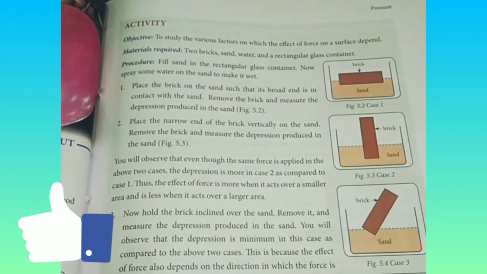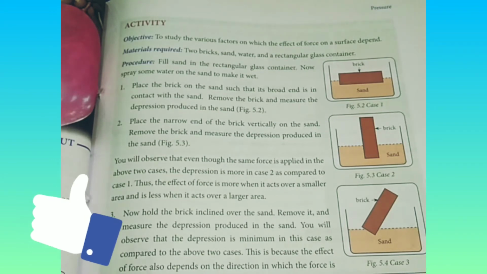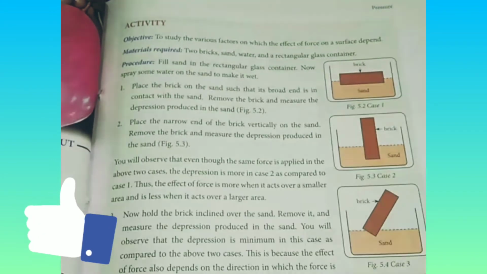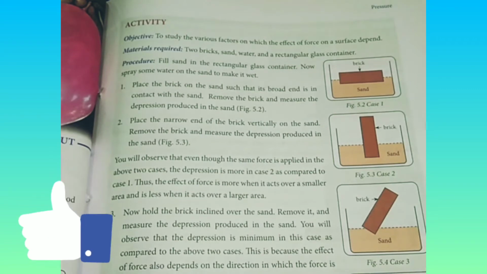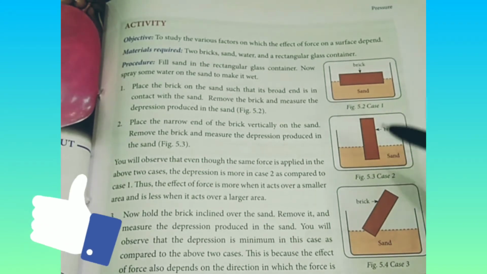Let's move to a different activity to prove this experiment. In this, we have taken a beaker full of sand and we are going to insert the brick first in a horizontal manner and then in a vertical manner as shown in these figures.